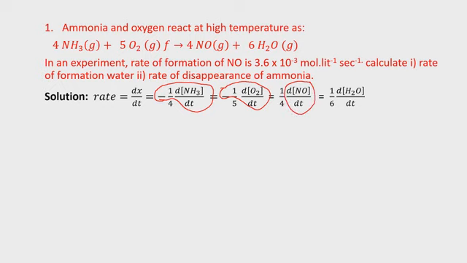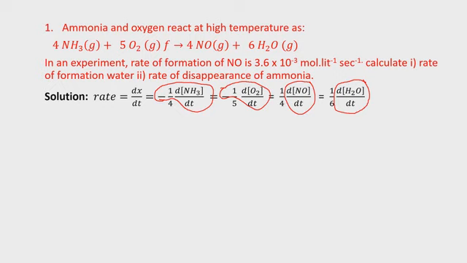This is rate of formation of NO. Here also dH2O by dt, rate of formation of water. Be attentive here, very important. Please don't involve numbers. Here 4 is there, no. 5, here 4, here is 6.